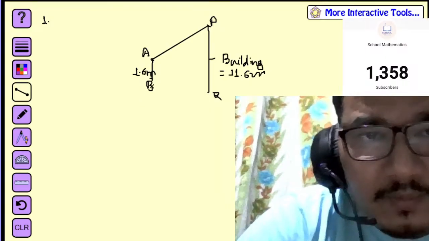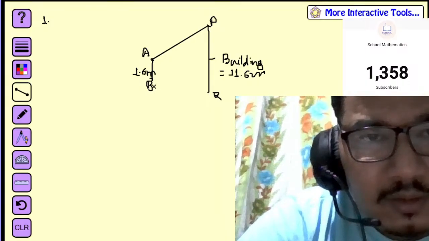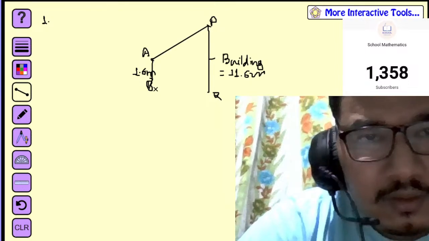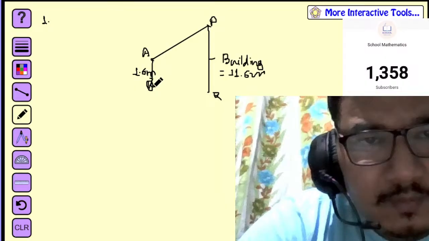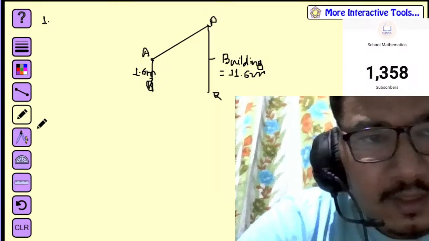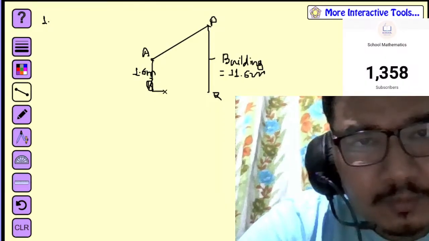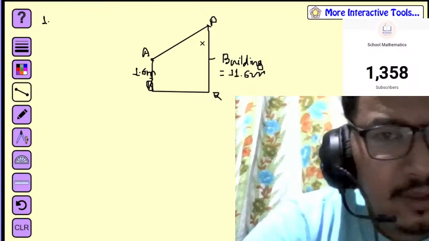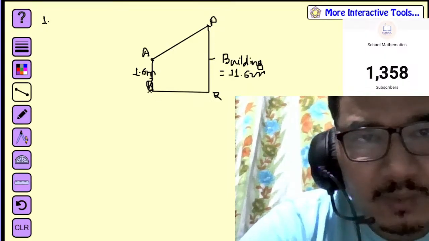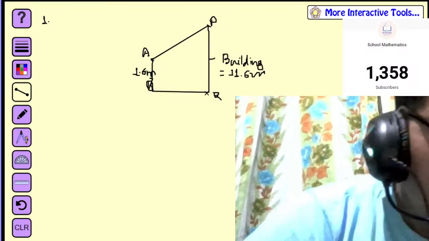Here's the person AB. When we join the bottom of the person AB and the bottom of the building, one line will come, this is BQ, right?